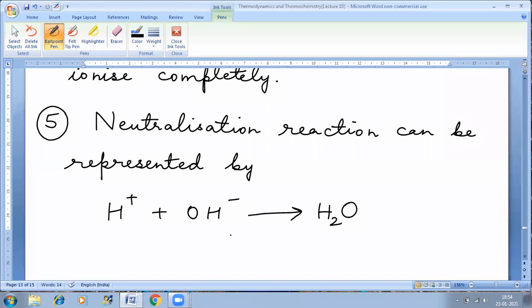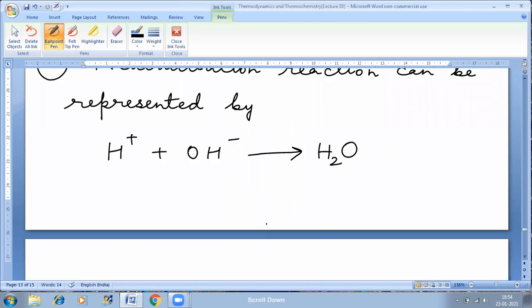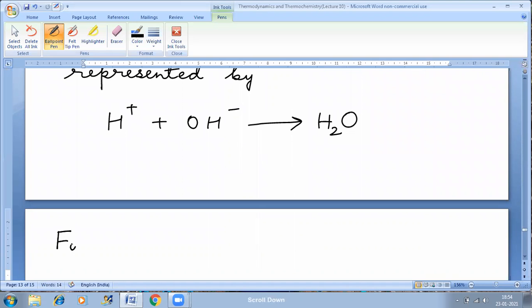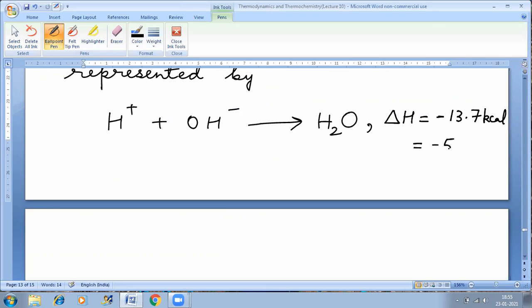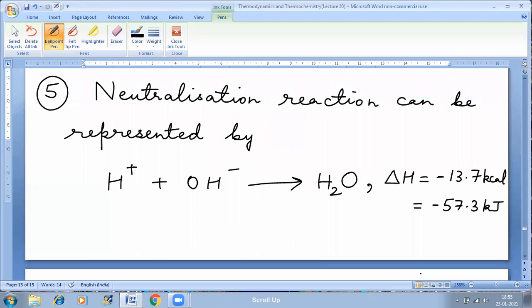So this is also another way of representing neutralization reaction. And for this, लिखने के बदले सीधा मैं इसके बाजू में लिख रहा हूँ डेल्टा H is equal to minus 13.7 kilocalorie, which is equal to minus 57.3 kilojoule. My question to you is that why haven't I written per mole now, per mole of water? Why haven't I written?